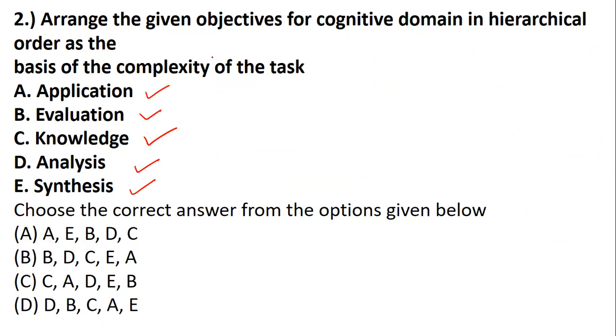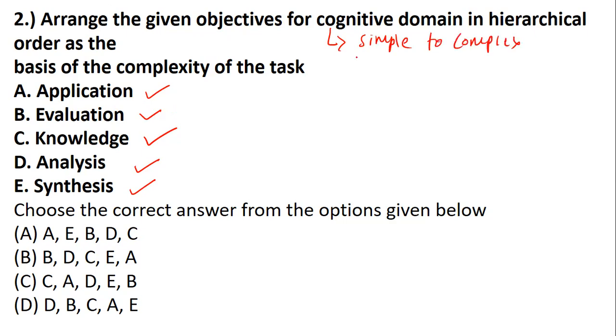So what comes first? I'll just wait for some students to come with the answer, and then later we can go ahead, right? When we are talking about the sequence, please try to remember that cognitive goes from simple to complex, right?